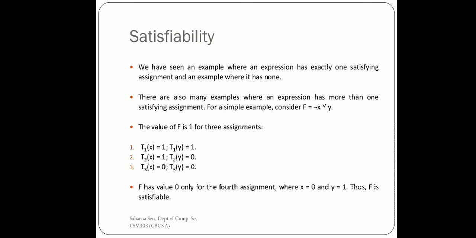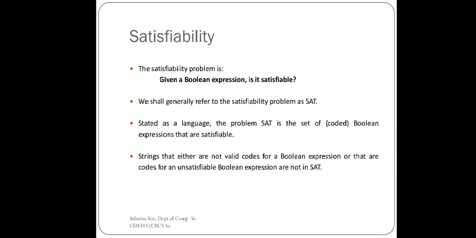So the first example we have seen is satisfiable, and the second example is not satisfiable. Now if we have to say what a satisfiability problem is, we are given a Boolean expression and asked whether it is satisfiable or not.